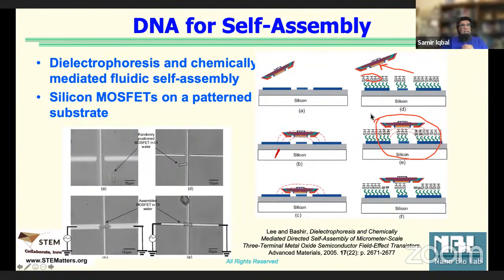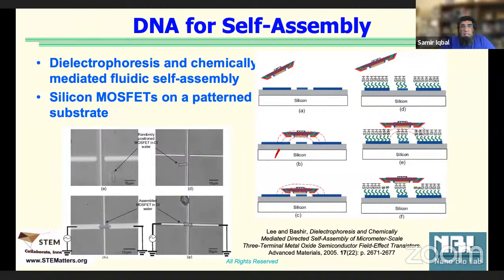Which means that you could throw a bunch of devices in a solution over a chip, and they can find their place, get settled there, and connect two electrodes on both sides and become a functional device. If you have looked at carbon nanotubes or nanowires, we do a lot of these kinds of tricks to make sure they fall and find their place where they're supposed to go in your device structure.